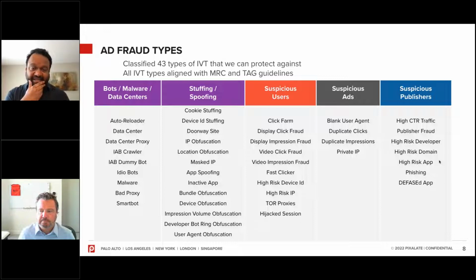For example, the defaced app is an interesting one, where we also look at apps that have been removed from the App Store for a whole host of reasons. We found that there is a correlation between some of the apps that have been removed and sources of IVT. So that's another reason why we have those kinds of things too.